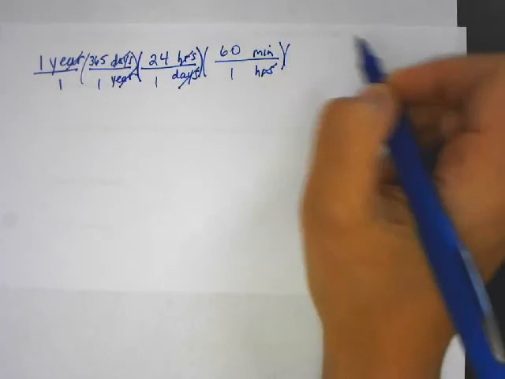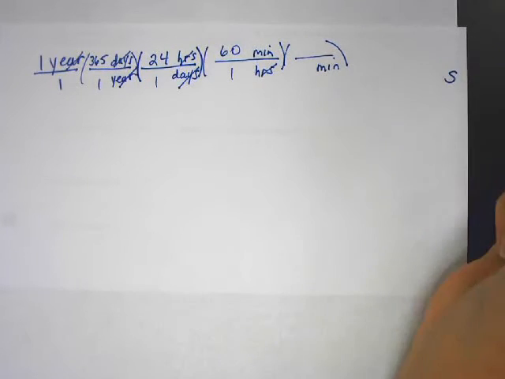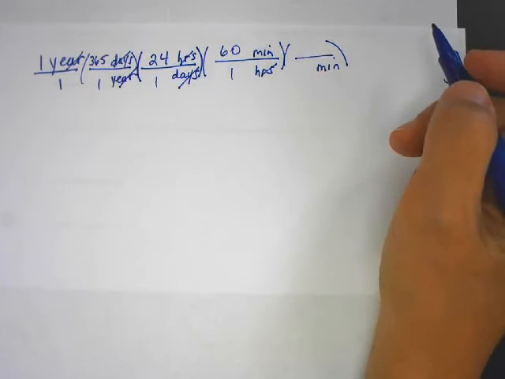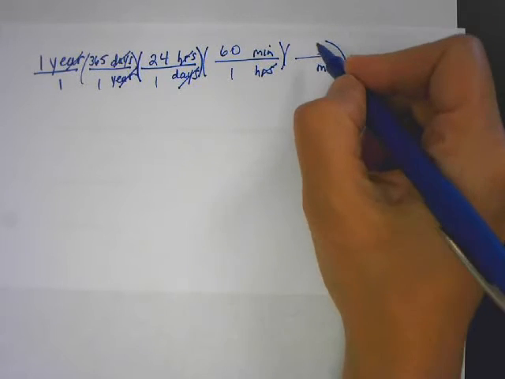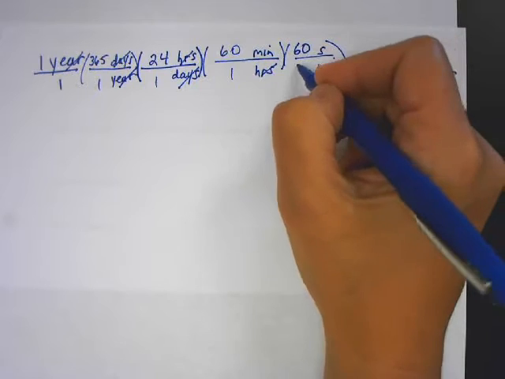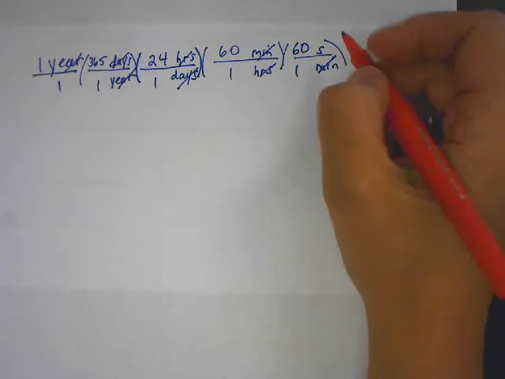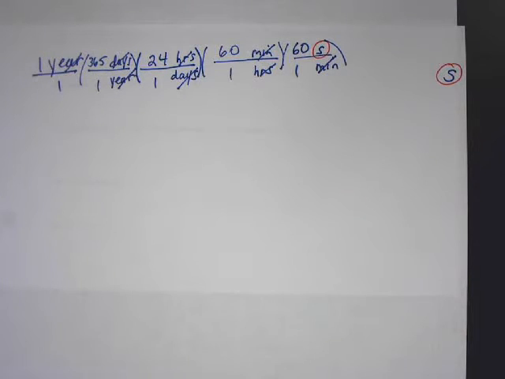Now I have minutes, and I want seconds. If minutes is in the numerator, I put it in the denominator. And I want to go from minutes to seconds, and I know that there's 60 seconds in 1 minute. So now these cancel. So I end up with seconds. Is that my correct unit? Yes. What about my number?